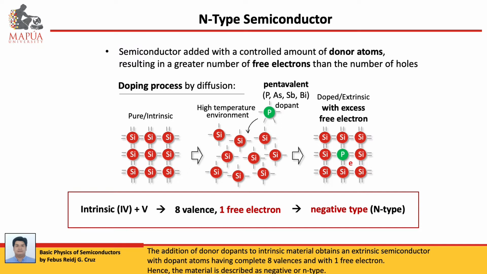The addition of donor dopants to intrinsic material obtains an extrinsic semiconductor with dopant atoms having complete 8 valences and with 1 free electron. Hence, the material is described as negative or N-type.